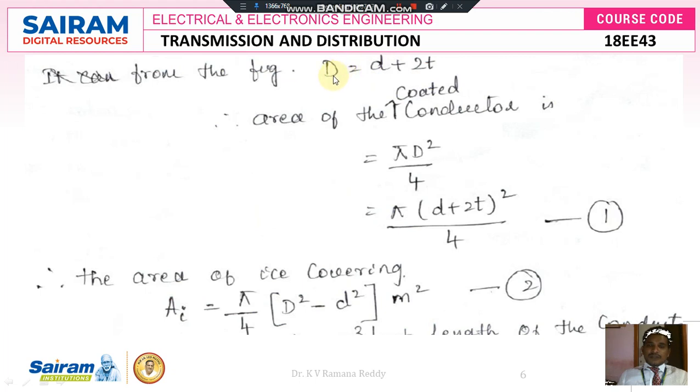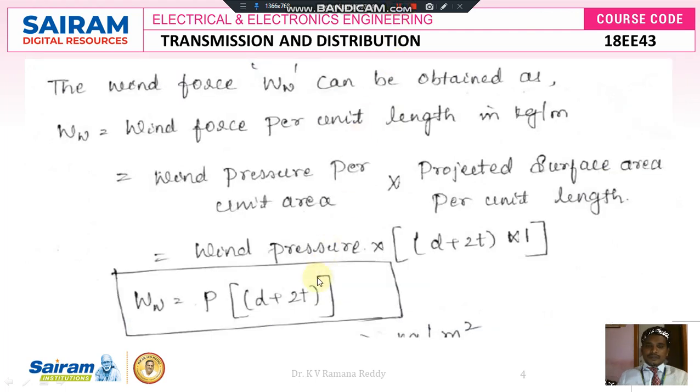I have written mathematically the formula capital D equals small d plus 2t. Next, we get the formula for wind force per unit length, that is W suffix W, equal to P into D plus 2t.